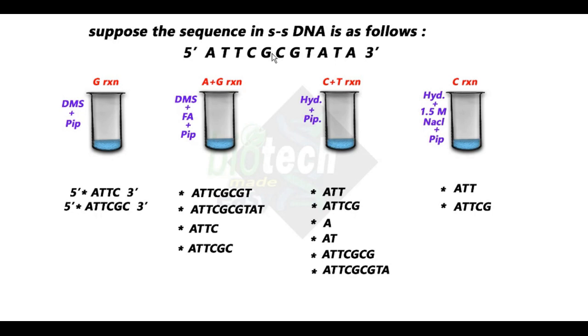So once along with the 5' end you get this ATT, and second time you get along with the 5' end this up to G. So these 2 fragments you are going to get here. So here in this case you will get 2 different types of fragments. In this case you will get 6 different types, 4 different types, and 2 different types of fragments you will get here.